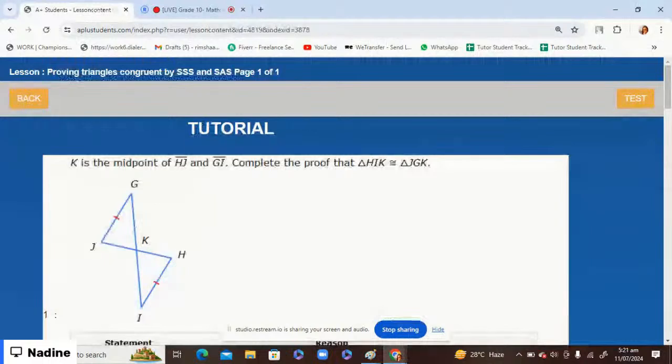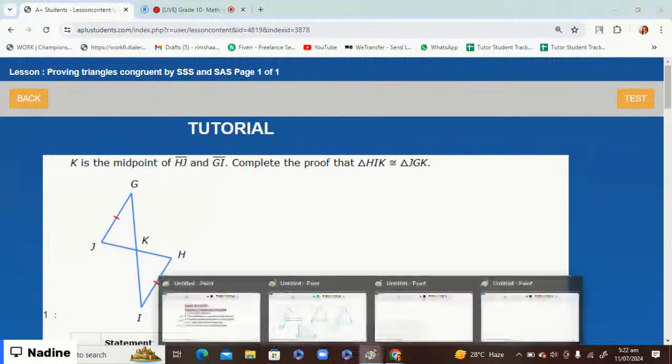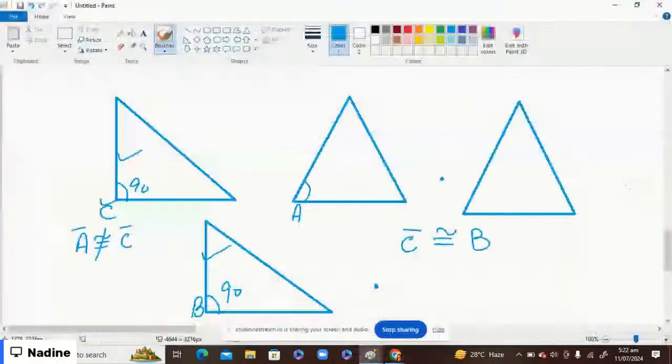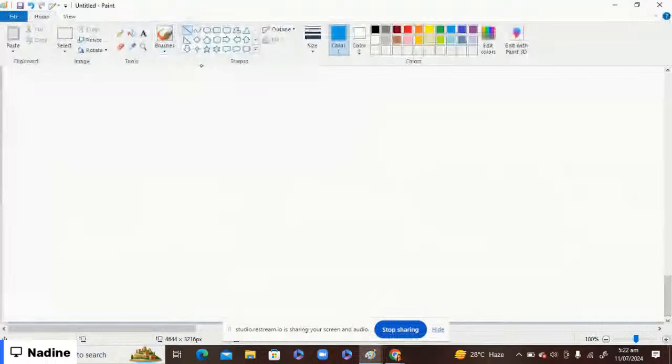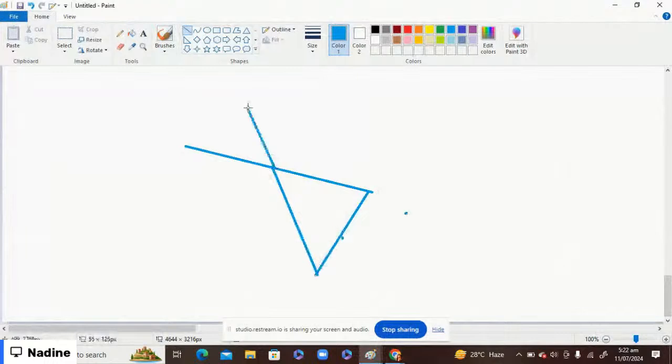K is the midpoint of H and J. Okay, look at this straight line. They are saying that K is the midpoint. And G and I, there are two basically lines, two triangles. You can say, for example, here is the line, one triangle is here and one triangle is here.